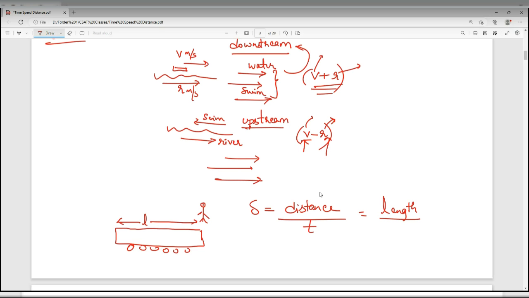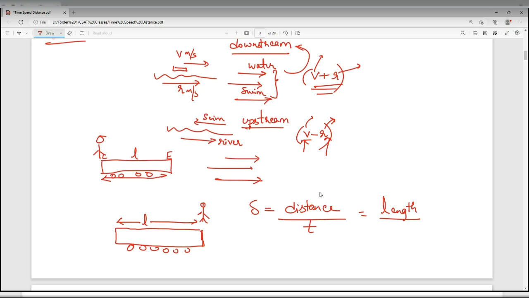So we say that the train has started passing when the front portion of the train is in the same line with the person. And when we say that it has already passed, this is the last portion, this is the engine and the last bogie. So this length is the length of the train.